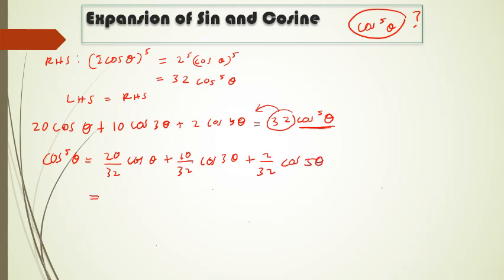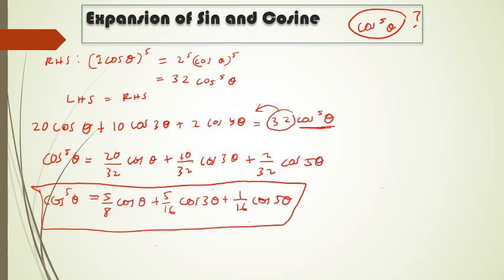So the answer will be, sorry, 5 over 8 cos theta plus 5 over 16 cos 3 theta plus 1 over 16 cos 5 theta. That's it. We have completed.